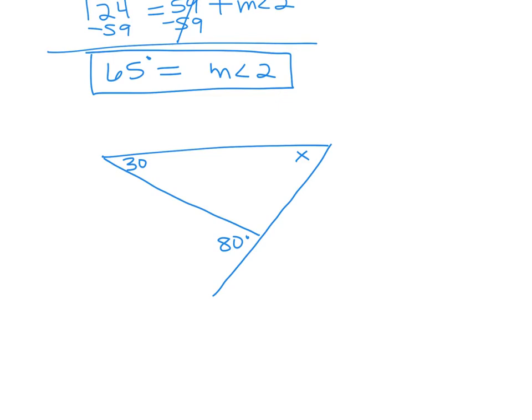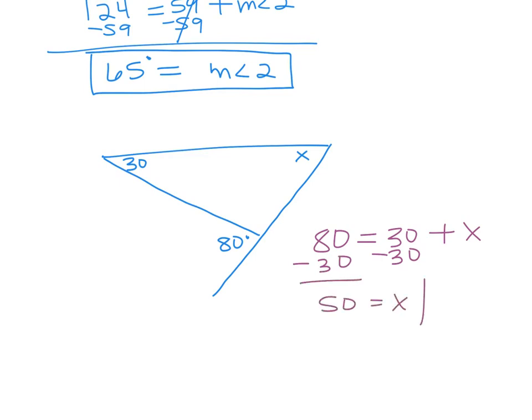What's your exterior angle? 80. Okay, so that's always the standalone. The exterior is always by itself. And then what are you adding together? 30 and x. 30 plus x. So then just do the algebra, take away the 30, and you get 50 for x. So x is 50 degrees. Doesn't look like it, but it is.